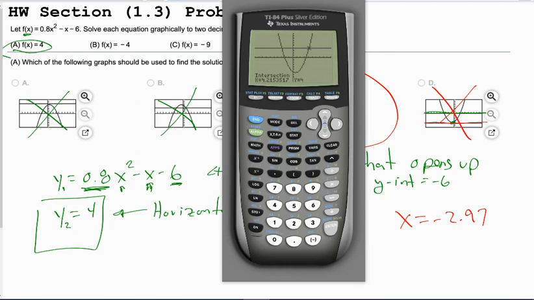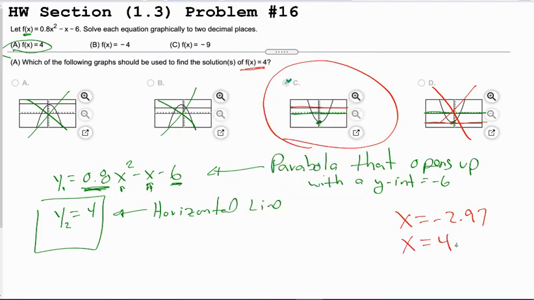So I'll round to the hundredths and say 4.22. So that's my x1 and x2. If they ask for these answers to 2 decimal places, that's correct the way I generated the answers. And that's how you can use your calculator to do this, solving it graphically.